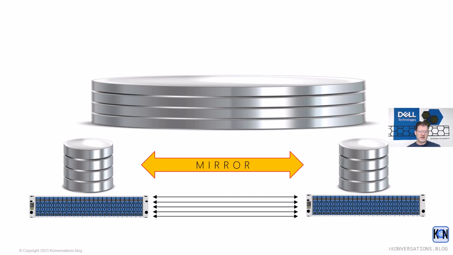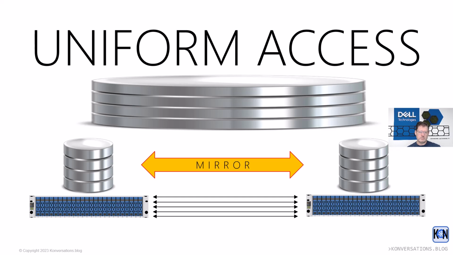So we call this the uniform access method. And you may question, why is it called uniform access? Well, if I deploy the workload to one of the data centers, and that workload starts talking to this controller, I now have my reads and writes going to one controller, the writes being mirrored across the WAN. But now I decide to move my workload.